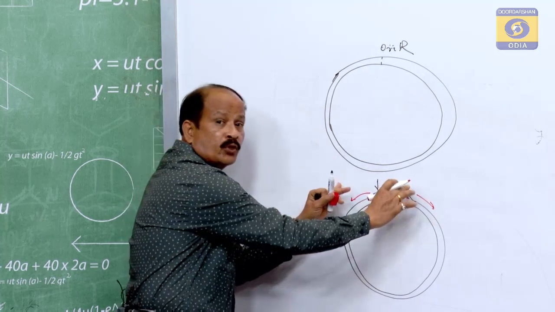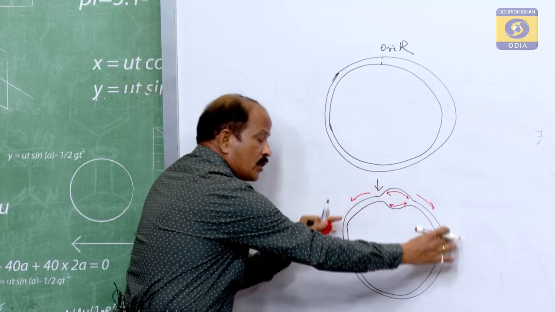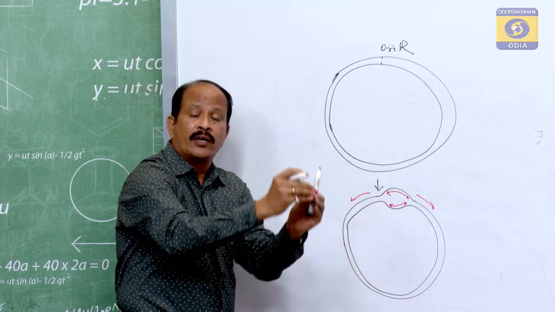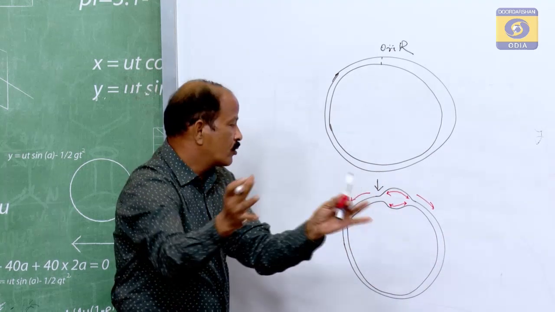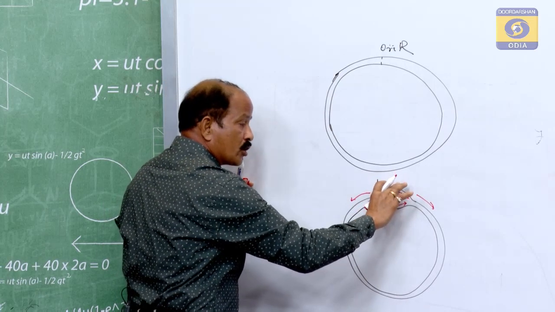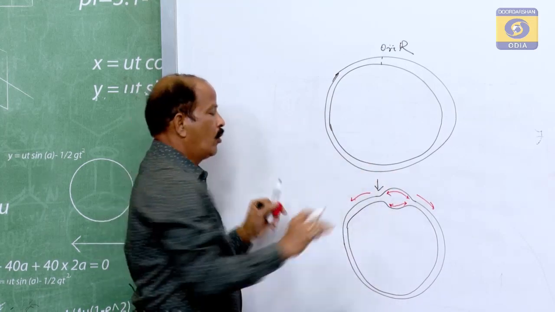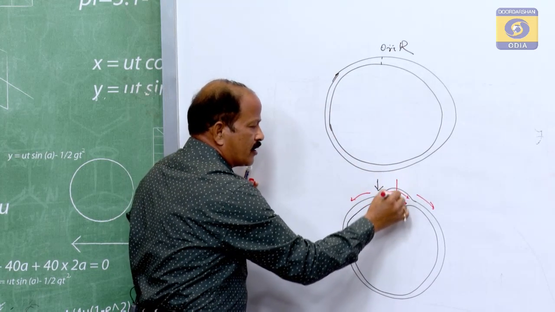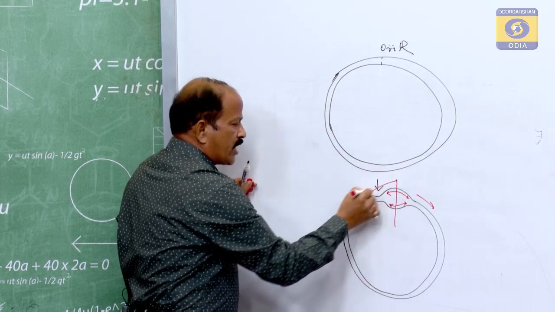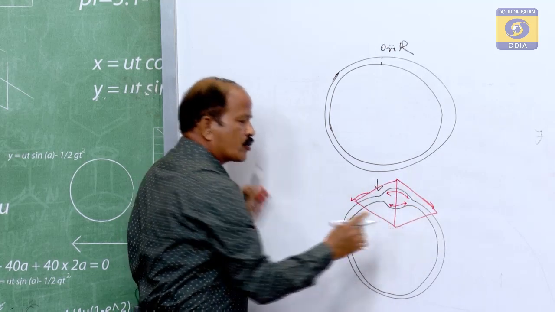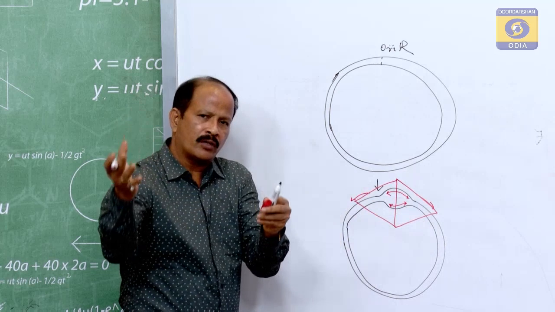So, replication proceeds from this point in both the directions, and ultimately they meet at the other point. Now, this replication bubble or eye has two forks. So, this can be a fork and this can be a fork. The same thing happens in eukaryotes.